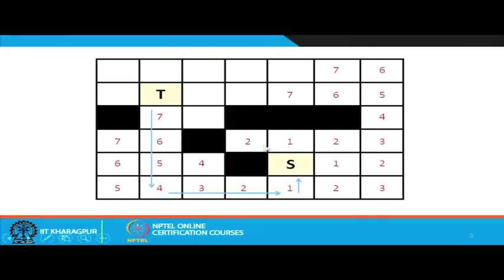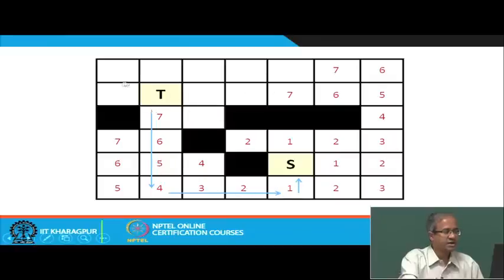So, Lee's algorithm, if you recall, we looked at a problem like this where a path was retraced. Now, try to understand from this diagram: suppose I have a source at one corner and my target is the other corner. What will be the length of the path if it exists? Let us say there are m rows and n columns. So, you have to follow a path like this.